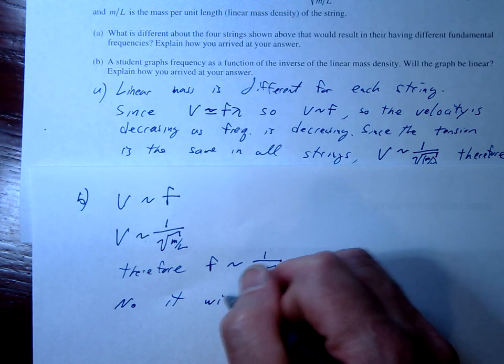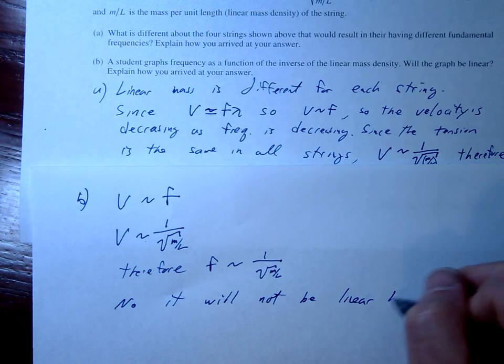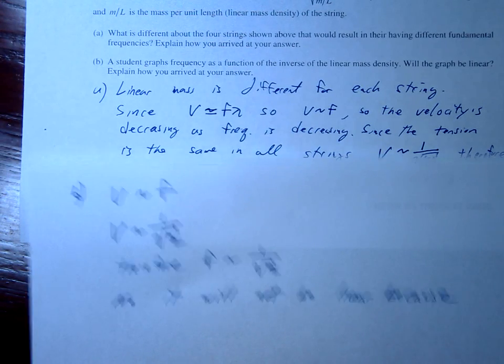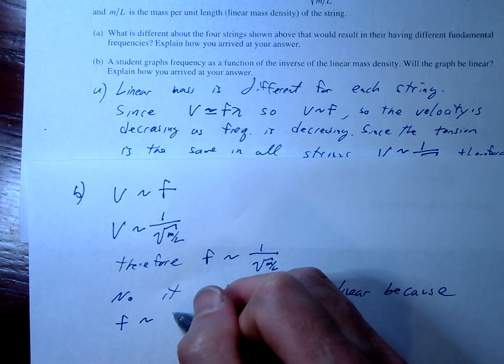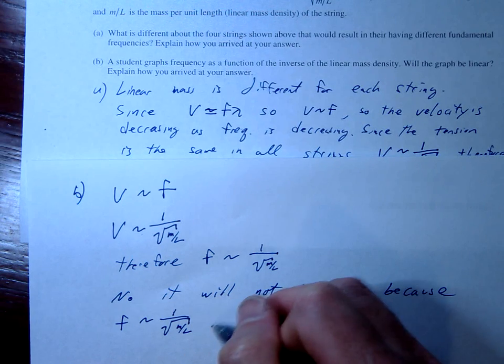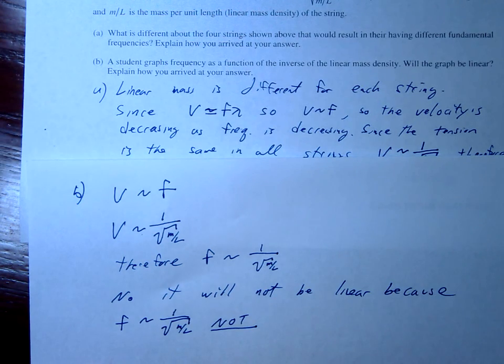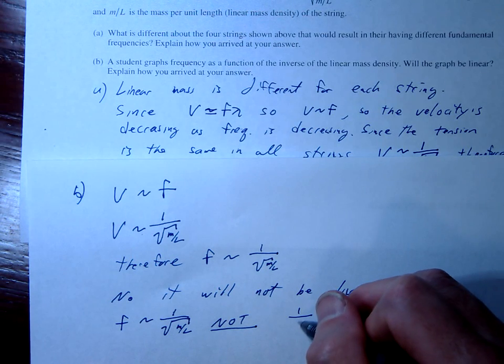Probably I should have said this first. Because F is proportional to 1 over the square root of m over L, not 1 over m over L.